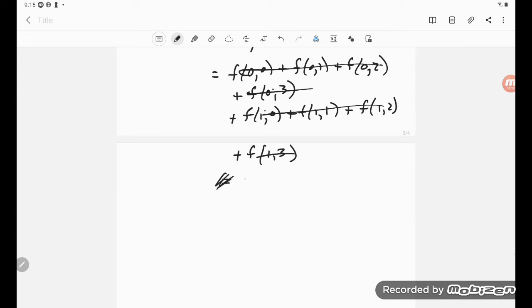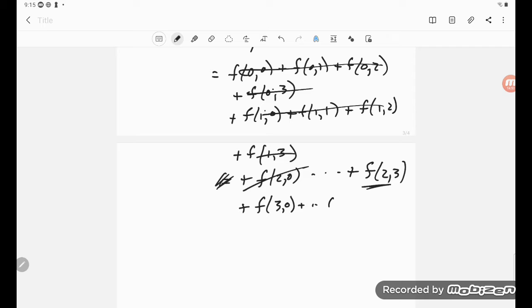I'm still adding, plus f of 2, 0. Now we do in this case get to f of 2, 3, which is not 0, and then plus f of 3, 0. Well, that's 0.